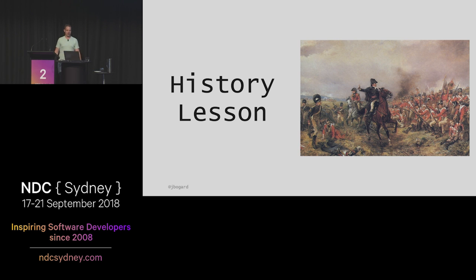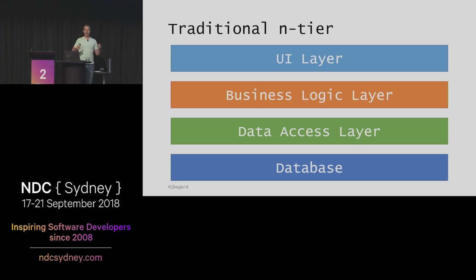Anyway, a little bit of a history lesson that led us up to the vertical slice architecture we're doing today. It really all started with us doing a lot of traditional n-tier style architectures. For most of my career, this was the way to build applications.